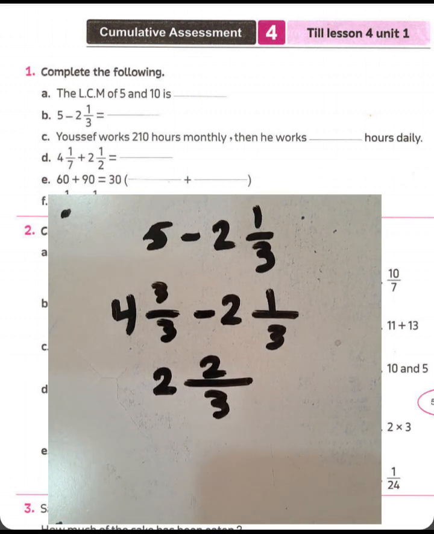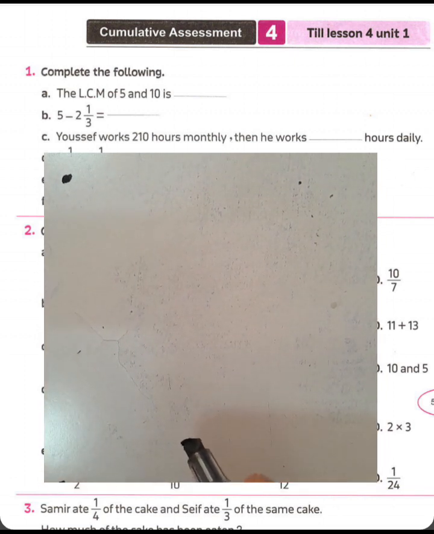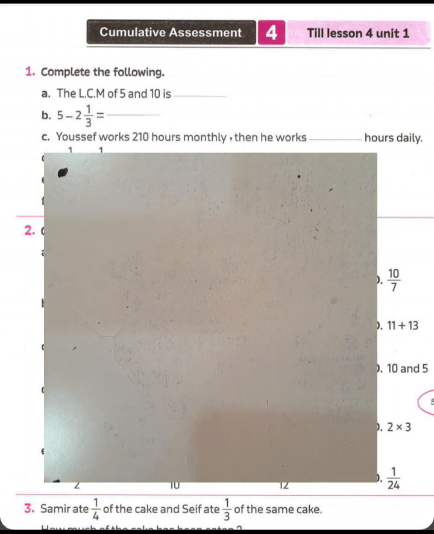Question letter C. Yusuf works 210 hours monthly. Then he works blank hours daily. First step, we can find the number of hours he works daily by dividing by what? 210 divided by 30, because Yusuf works 210 hours monthly, and we know 1 month equals 30 days.